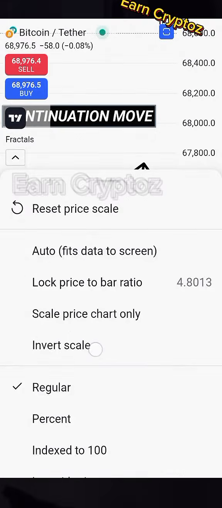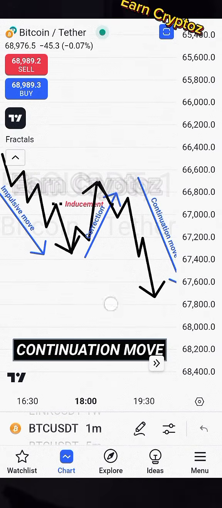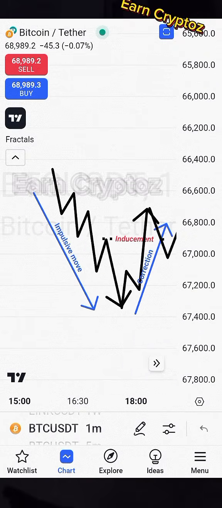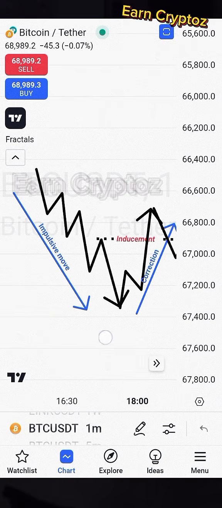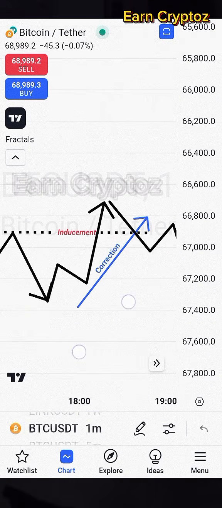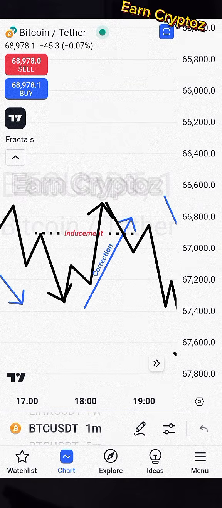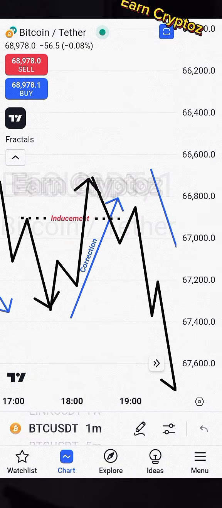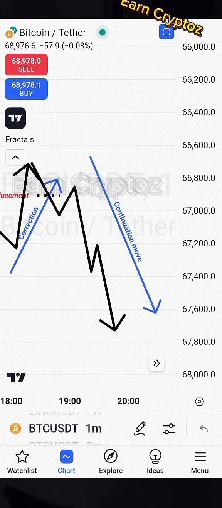Similarly, if we invert the scale to make it look like a downtrend, you can see the impulsive move to the downside right here. You can see the down impulse, and you can see the inducement, the first valid pullback, and you can see the correction taking out the inducement.